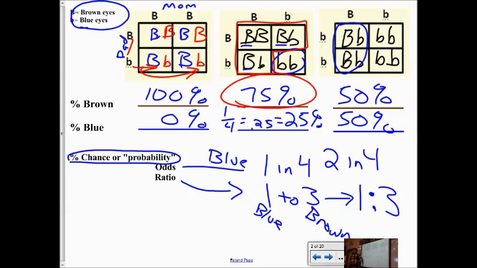Okay? Does that mean this was wrong? No, you just need to have more babies. What if you only have 2 babies, and they both have brown eyes? See what I'm saying? But if you keep having babies, the odds are that one more will have brown eyes and one will eventually have blue eyes. But you might have to have 16 babies before that percentage holds true.